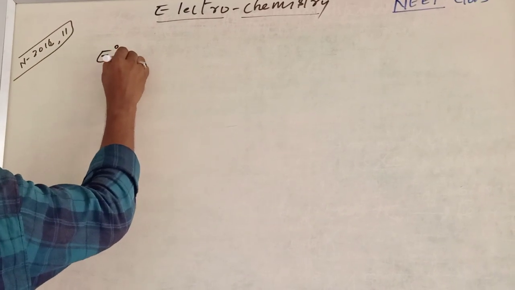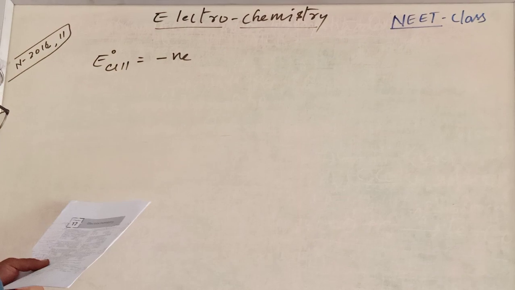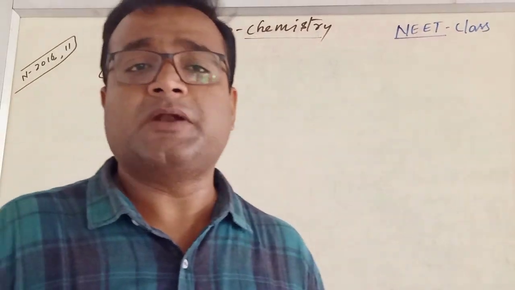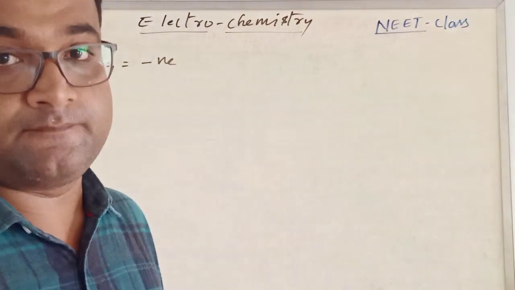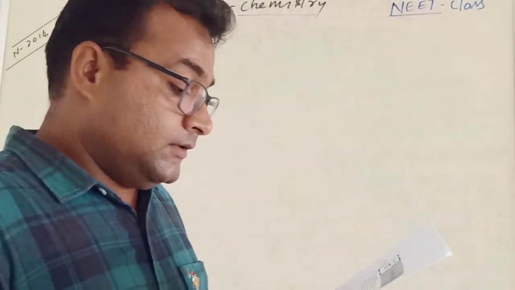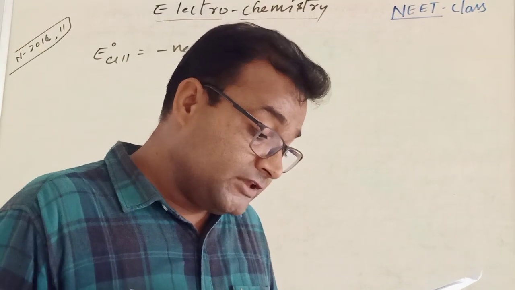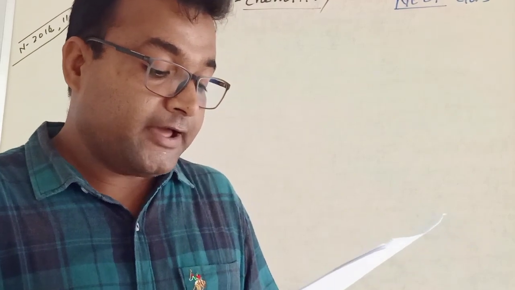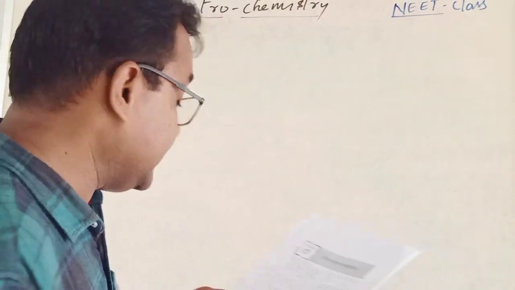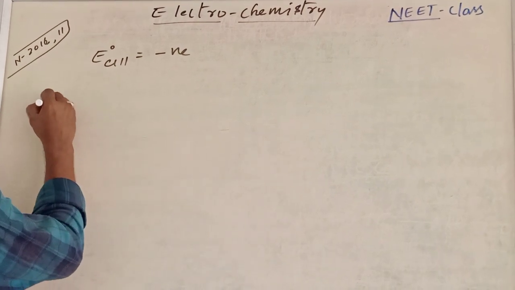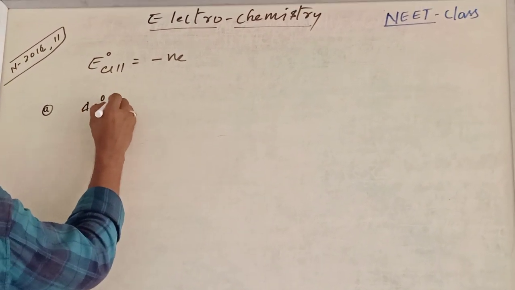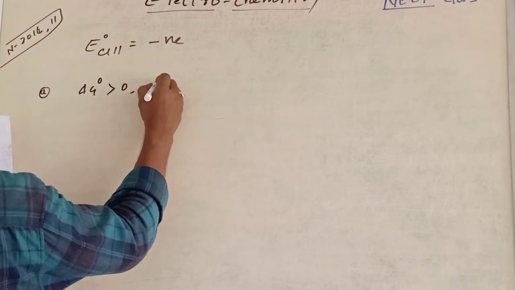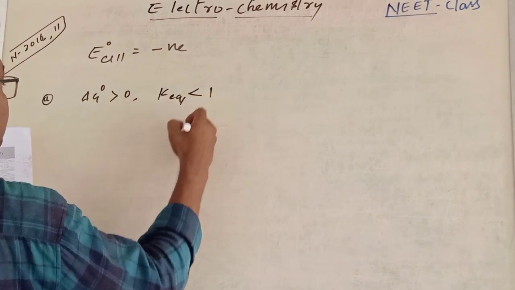If E naught cell is negative, it never can be negative, it must be positive, but he himself has given that if E naught is negative for a given reaction, which of the following gives the correct relationship for the values of delta G naught and equilibrium constant? In option A, delta G naught is more than 0 and K equilibrium is less than 1.